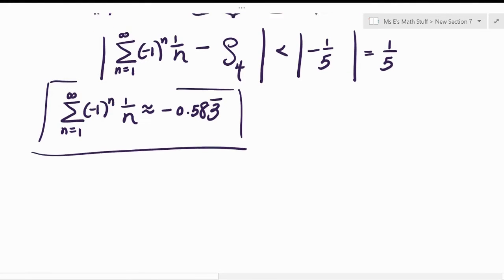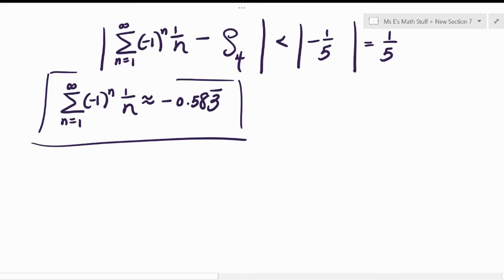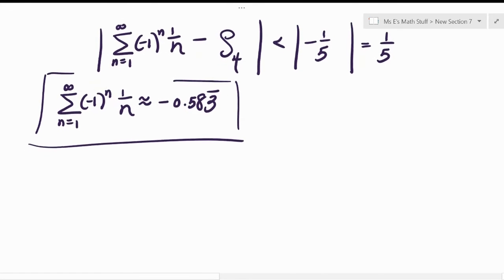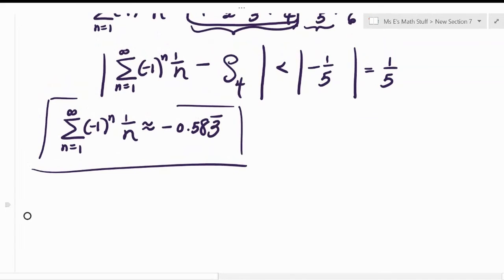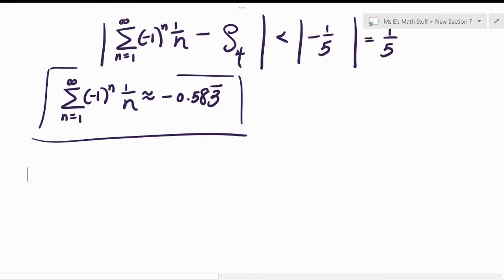If somebody says, oh, well, what does that mean? One thing you could do is, if we know that we are within 1/5 or within 0.2 of the real answer, you could add 0.2 and subtract 0.2 to this approximation.